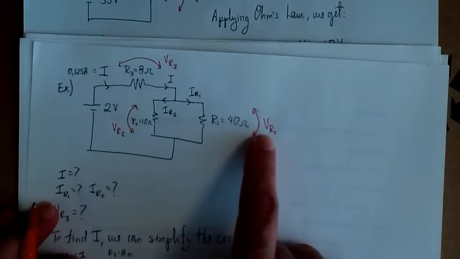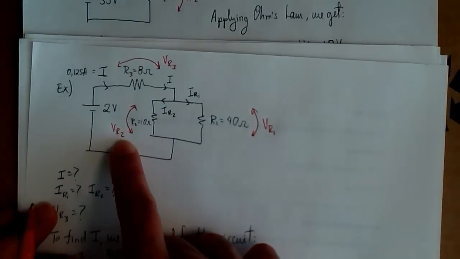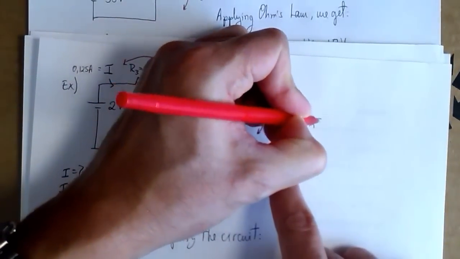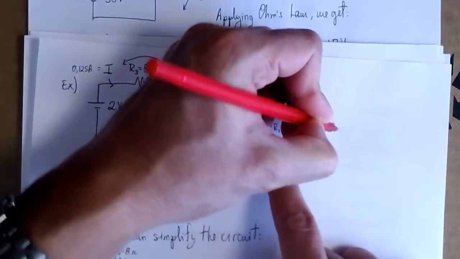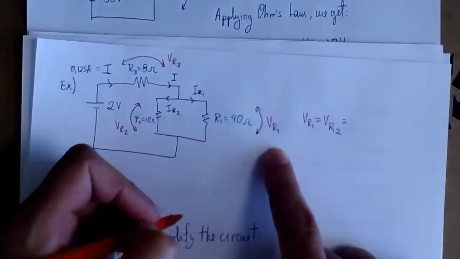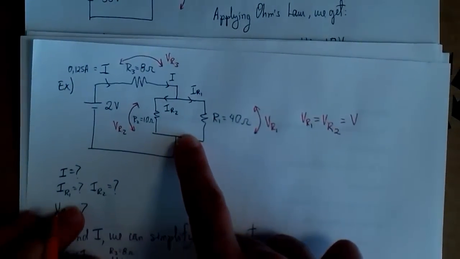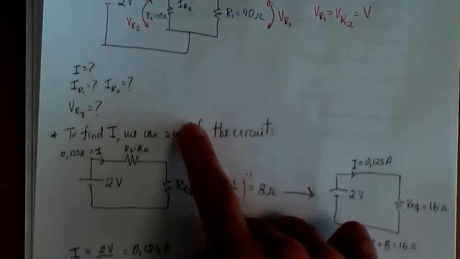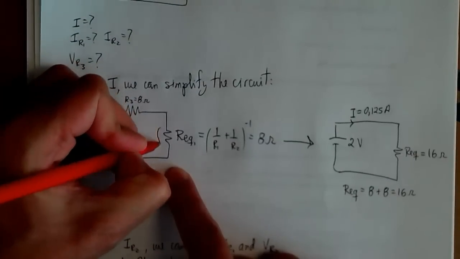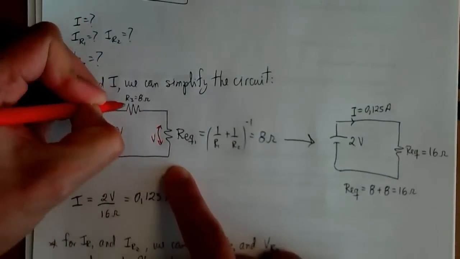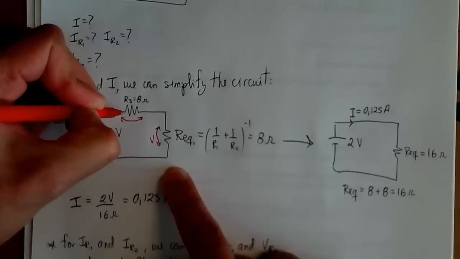Since they're both in parallel, they're both the same value. So VR1 is equal to VR2, which is equal to some V. We can see this in the equivalent circuit: the same voltage across R1 and R2 is the same voltage across the equivalent resistance.